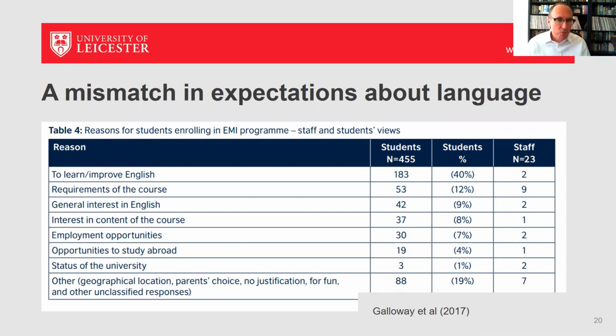And what's really interesting is that even though EMI on paper is all about the content and is not about the language learning, 40% of the students are enrolling on EMI programs because the main reason is that they want to learn and improve their English. So it's really interesting that the students perceive that as one of the big driving reasons for doing an EMI course.